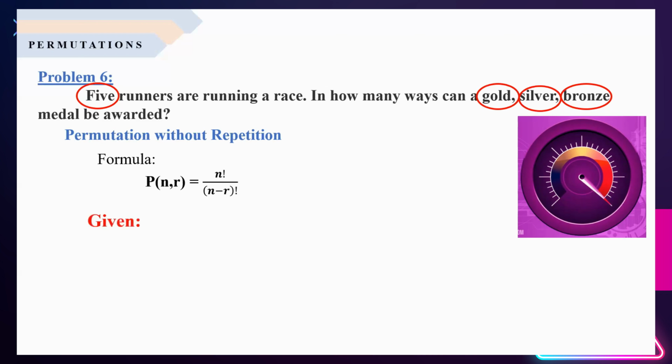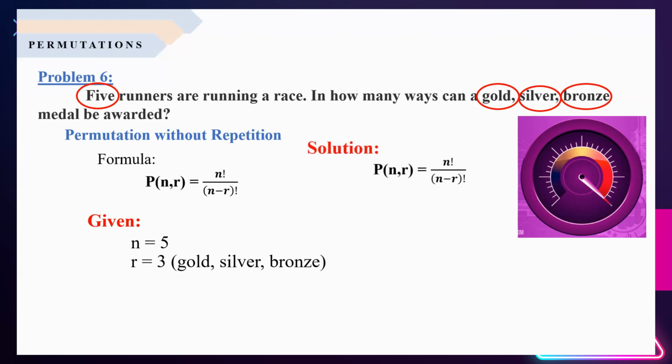Okay, itemize natin yung ating mga given. Ang n natin ay 5 at ang r natin ay 3 because yung ating position na gold, silver, and bronze. Then, ang solution natin, substitute natin yung value ng n and r sa ating formula na n factorial all over the quantity of n minus r factorial. So, therefore, ang n factorial natin ay 5 factorial. Then, ang n minus r is 5 minus 3 factorial. So, therefore, 5 factorial is 5 times 4 times 3 times 2 times 1 factorial all over 2 factorial.